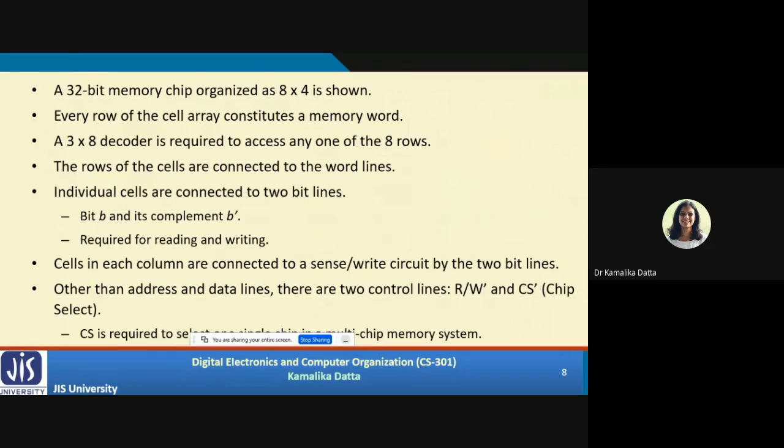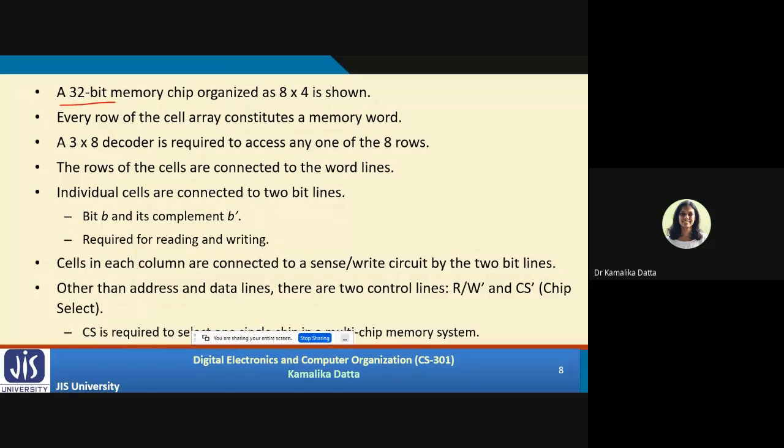So these are what I have told you. The total memory is 8 cross 4, which is 32-bit. Every row of the memory cells constitutes a memory word, and a 3 cross 8 decoder is used to access any one of the 8 rows. The rows of cells are connected to the word lines, and individual cells are connected to 2 bit lines, B dash and B, required for reading and writing.